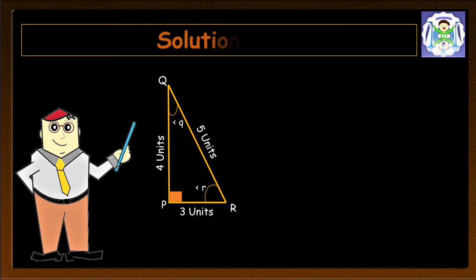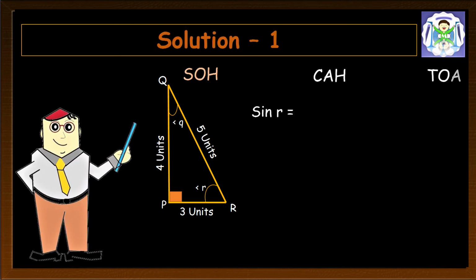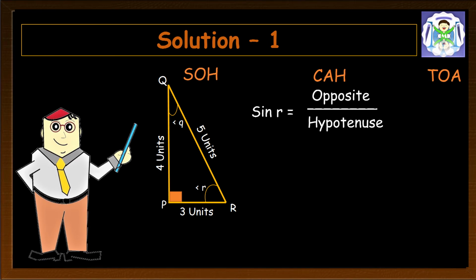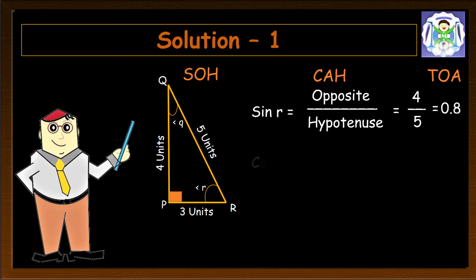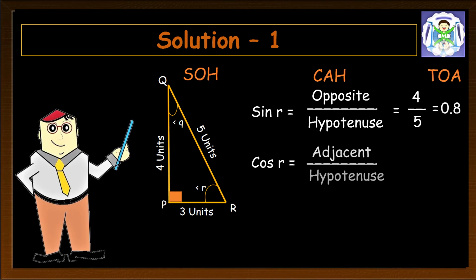Now we will find sin R. In the same way, sin R is equal to opposite over hypotenuse, which is 4 over 5, which is equal to 0.8. Cos R is equal to adjacent over hypotenuse, which is 3 over 5, equal to 0.6.